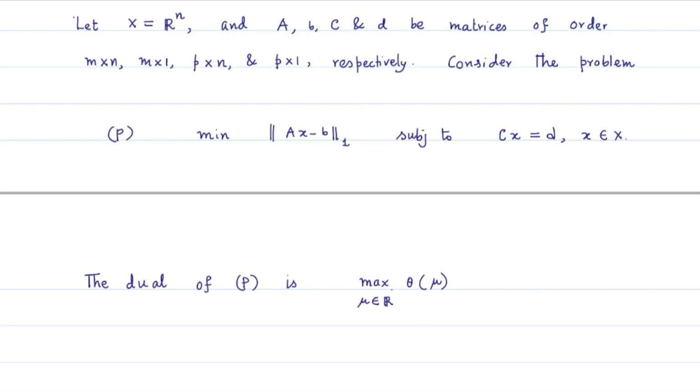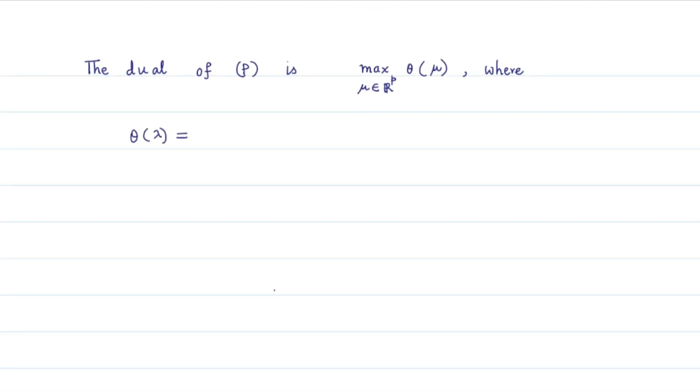We notice that the expression of theta is given by the infimum over x belonging to capital X, which is Rn here, of the L1 norm of Ax minus b plus mu transpose (Cx minus d).